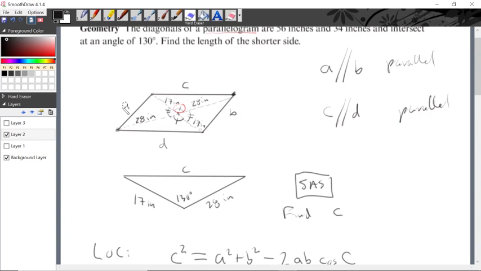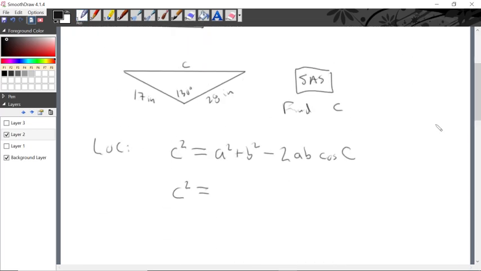I maybe should have chosen different letters for those two sides right there, because now I'm going to be using lowercase a and lowercase b to represent these side lengths instead. So a is equal to 17, so we have 17 squared. b is 28, so we have 28 squared. Minus 2 times 17 times 28 times the cosine of 130 degrees.